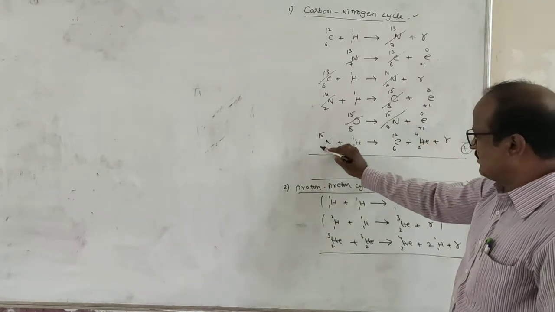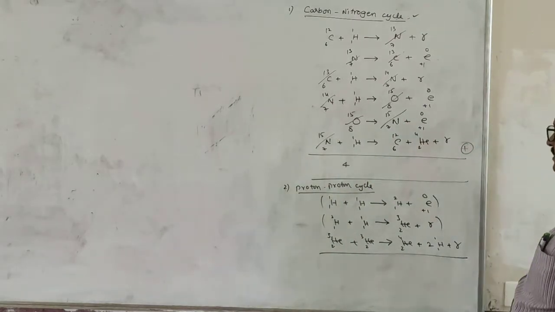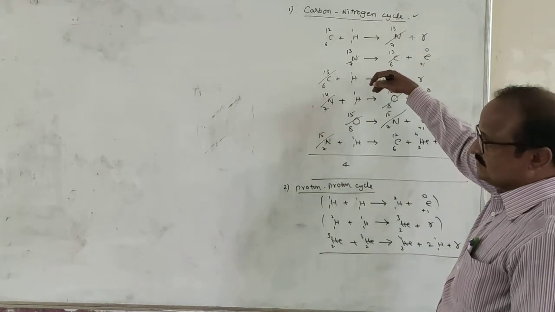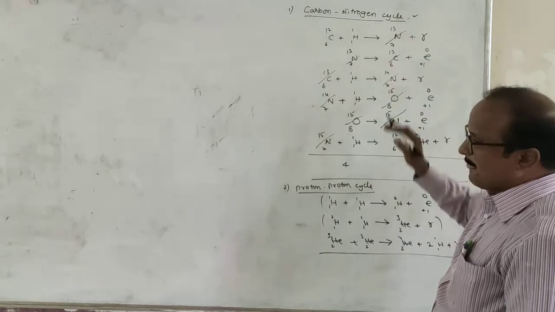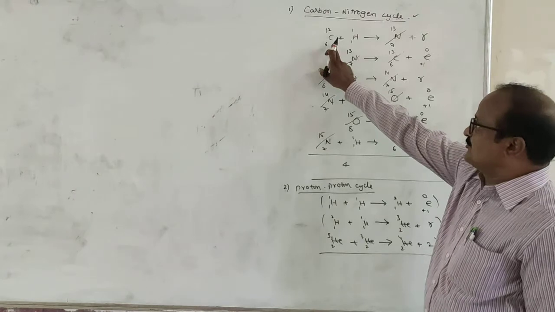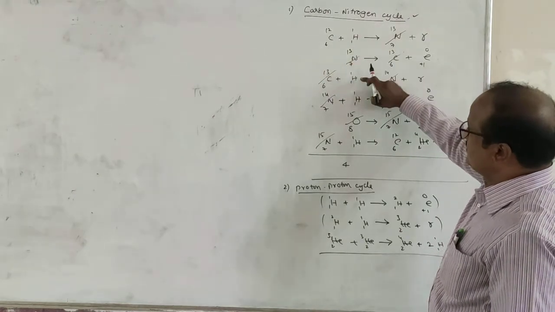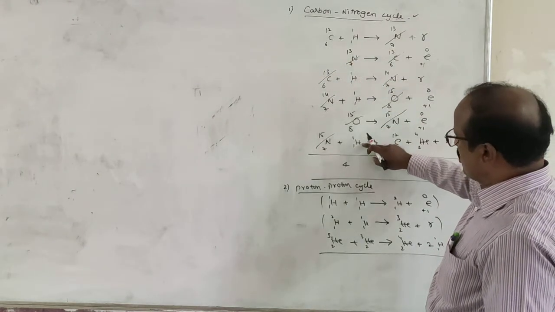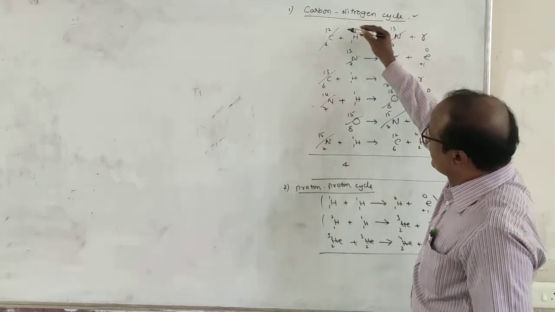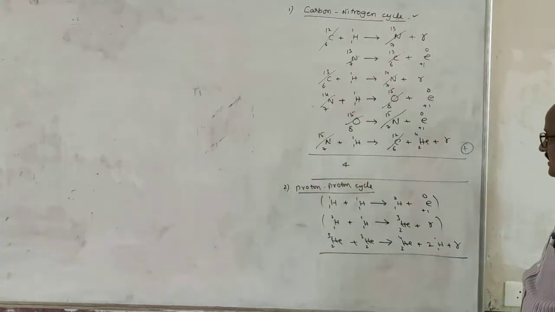Nitrogen-15 and nitrogen-15. So after cancelling all these, what are the elements lying in the reactants? Reactants are carbon-12 and a proton. Again, this carbon-12 is also cancelled with this carbon-12.